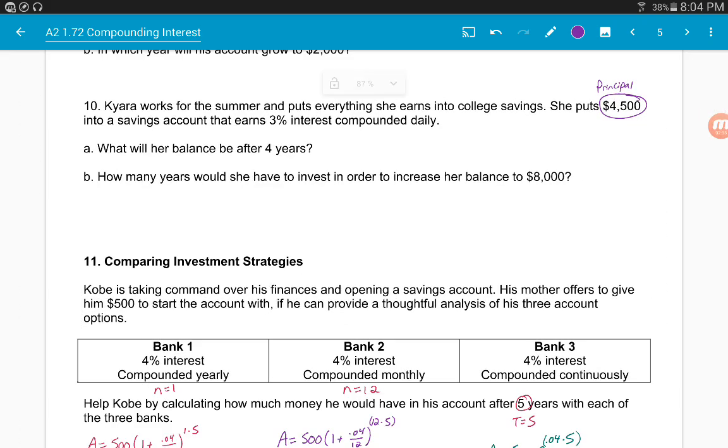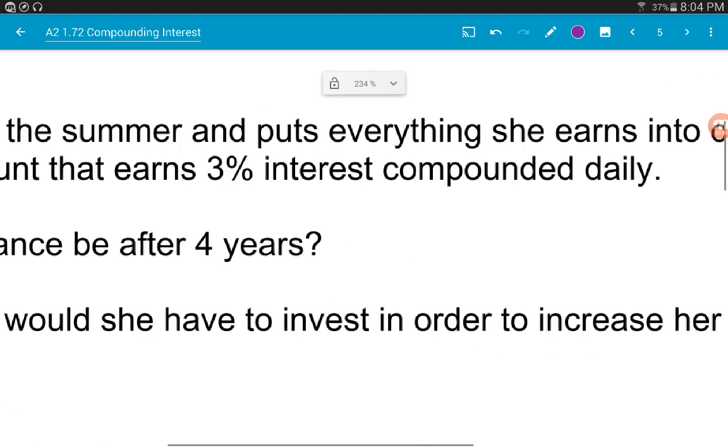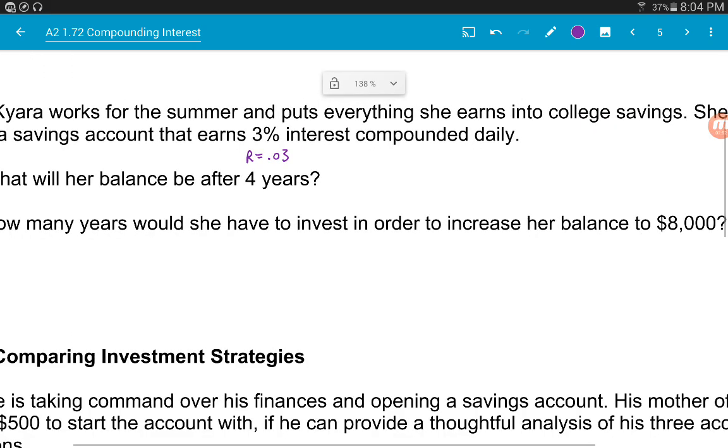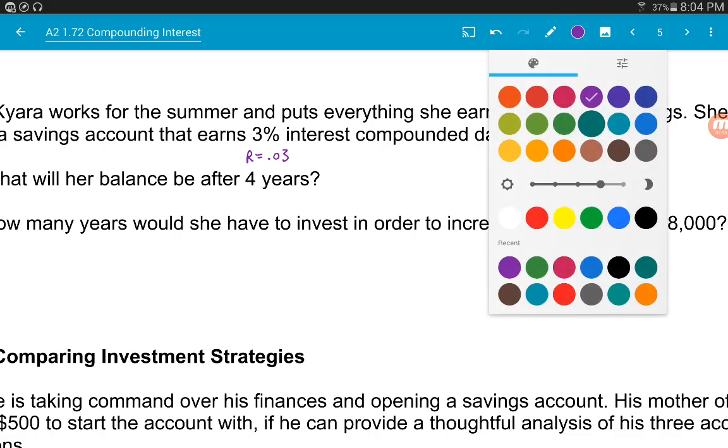Her savings account earns 3% interest. 3% interest means that R, my rate, is going to be 0.03. You move the decimal place twice to change something from a percentage to a decimal. So R equals 0.03. And the interest is compounded daily. So how many days are there in a year?